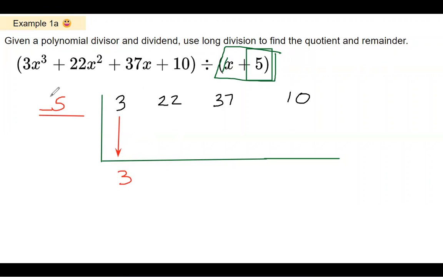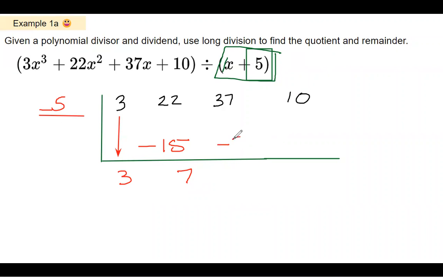So -5 times 3 is -15. Now I'm going to combine these two together. 22 plus -15 is +7. Now -5 times +7 gives me -35.